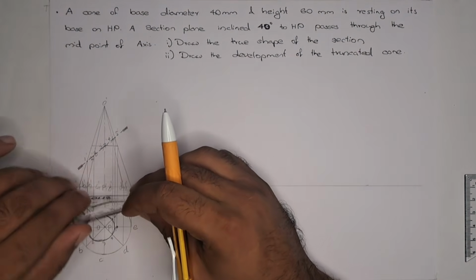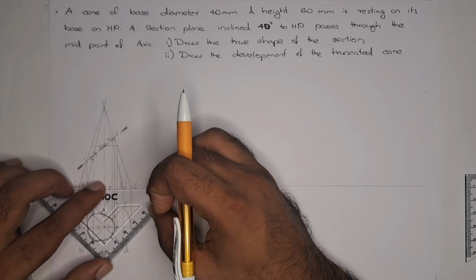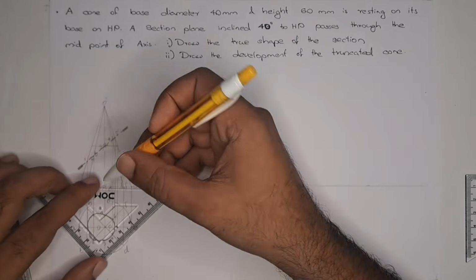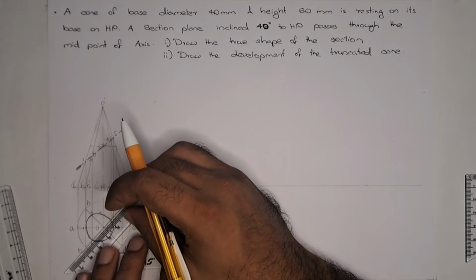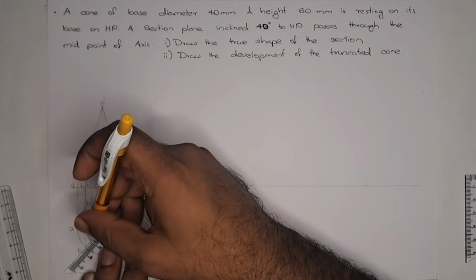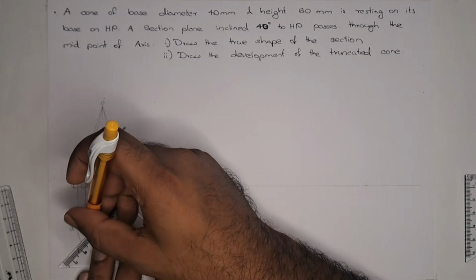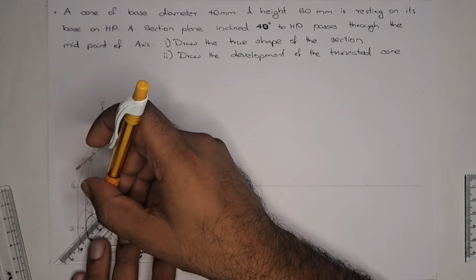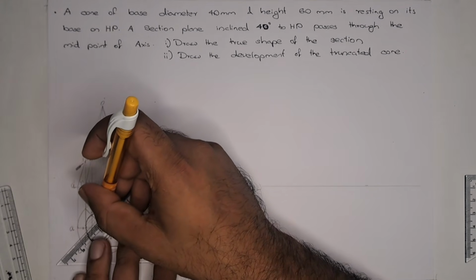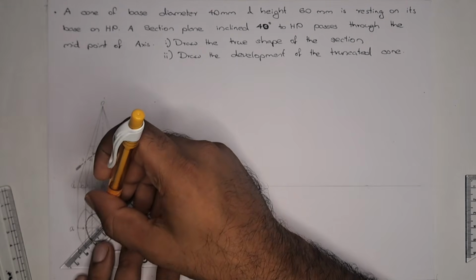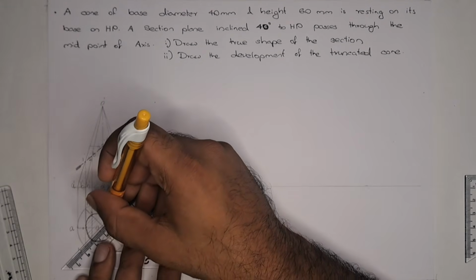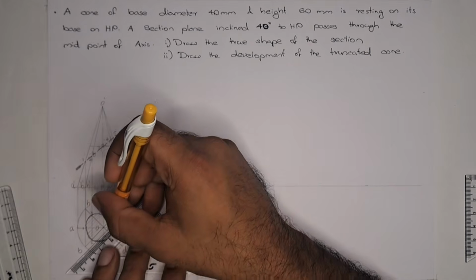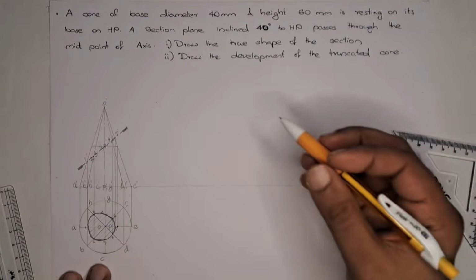Now with 45-degree lines, we mark the hatching. So we mark the hatching lines over here.